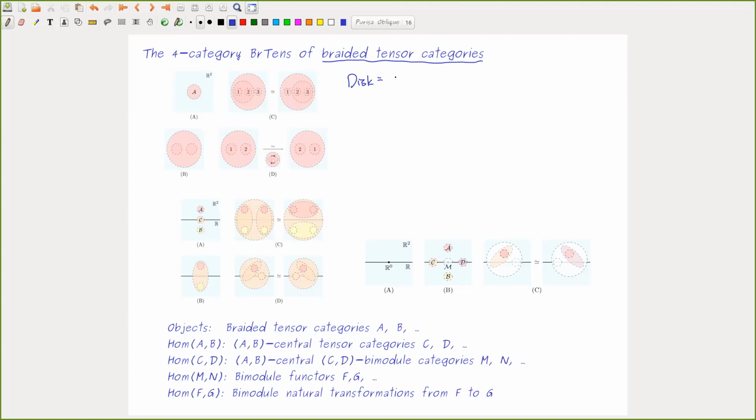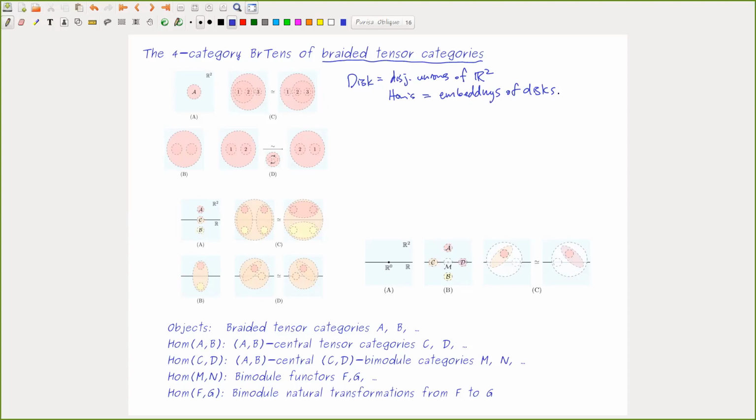And so the objects are just disjoint unions of copies of R2. And the HOMs are the topological space of embeddings of disks. Now really I should say whether I'm talking about framed disks or oriented disks, but let me not worry about this level of detail.